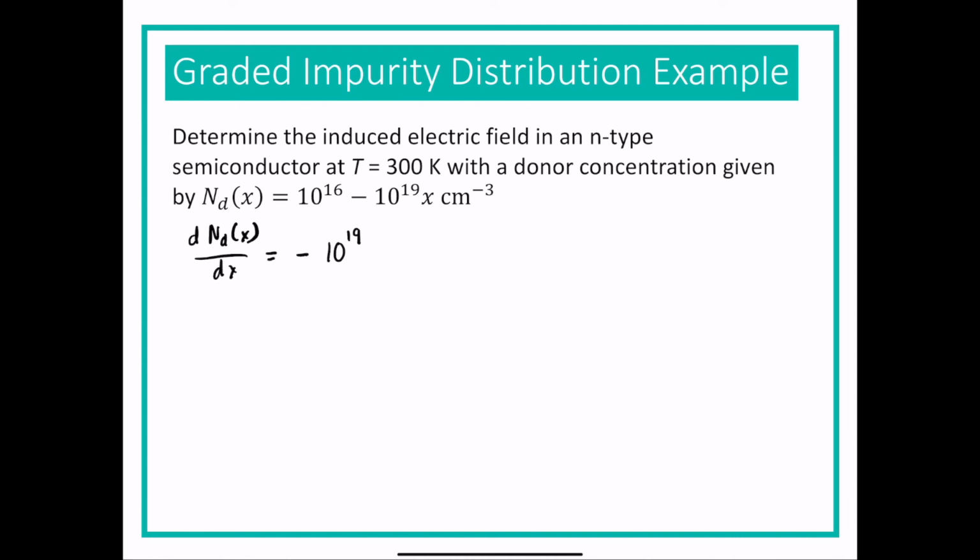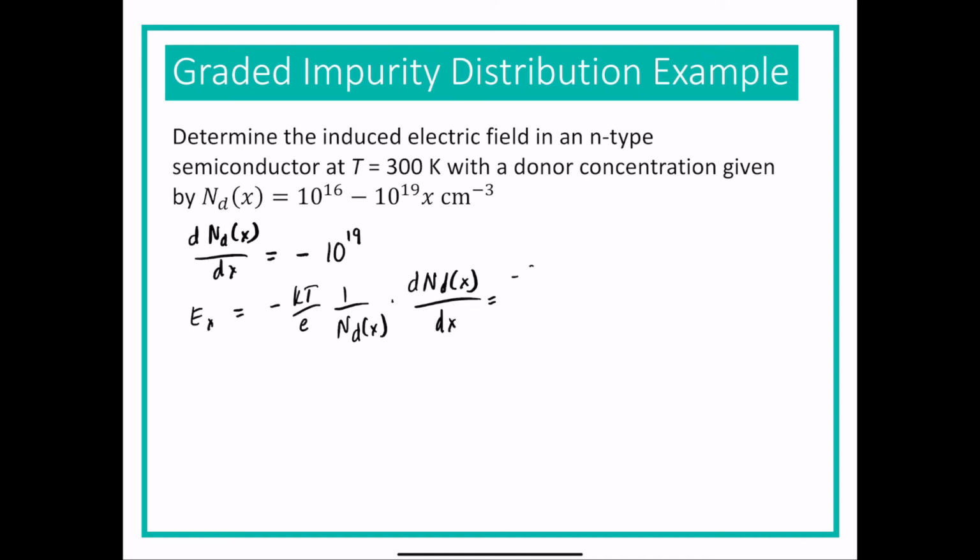So the derivative is minus 10 to the 19 because the constant goes away and the x goes away. And then that means the electric field is going to be minus kT over e times 1 over the function times the derivative of the function.